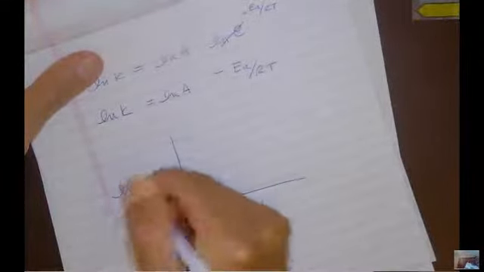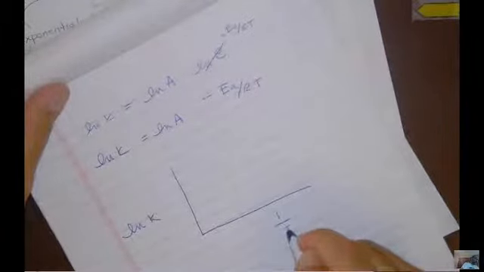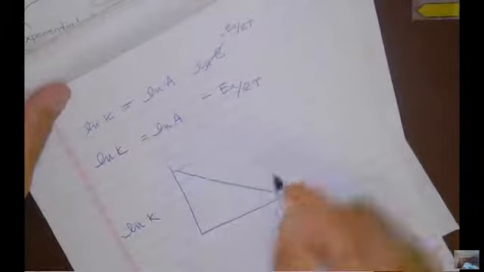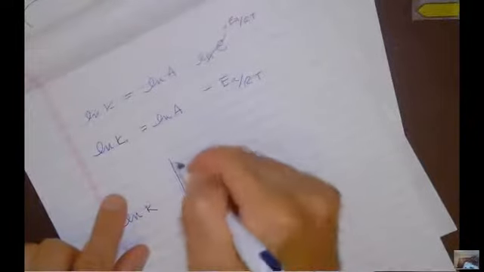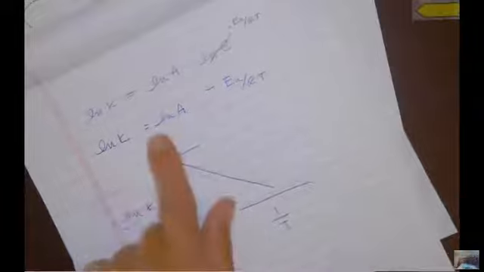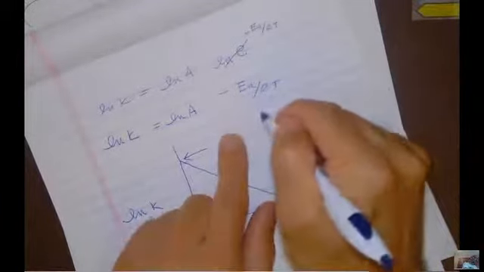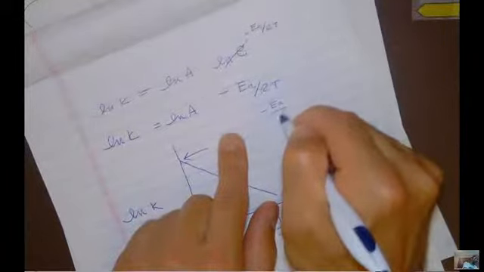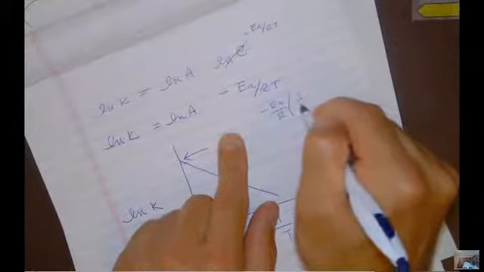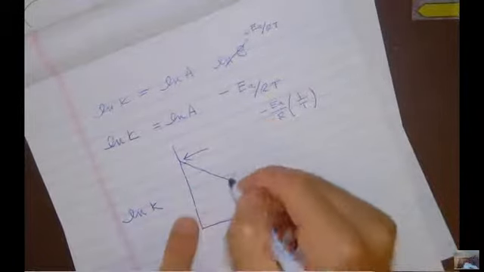If you take the natural log of the rate constant versus 1 over temperature, you will get a line that goes down like that, and this intercept here has some meaning. This whole thing, you could rewrite this as minus EA over R times 1 over T. So this is the slope.